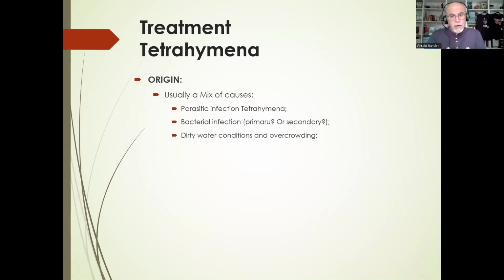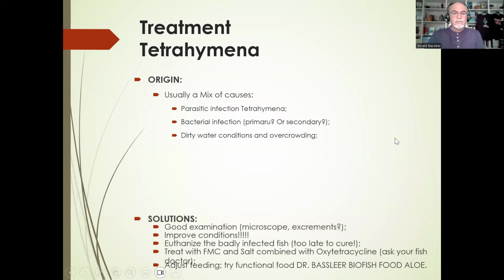That can be a reason that there is a wound and the parasites invade the wound, or the fish have been damaged by aggression or fighting, and on that wound there can be a parasite invading in it, so that Tetrahymena can be secondary. But it can also be due to bad water conditions and overcrowding, that the parasite has a big chance to infiltrate in the tissue of the fish.